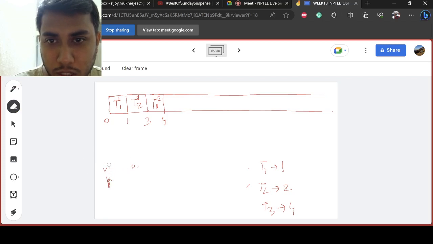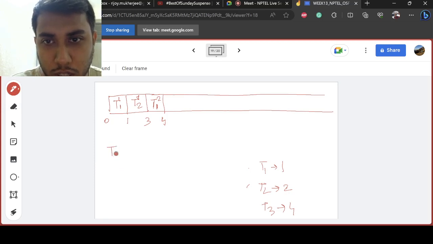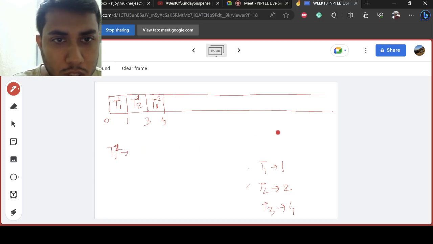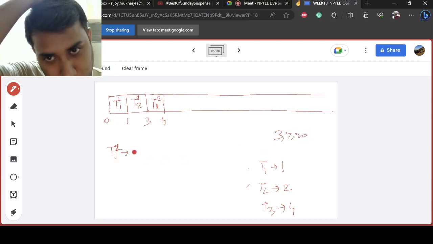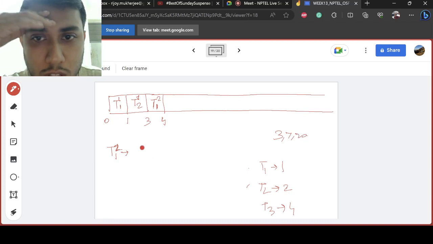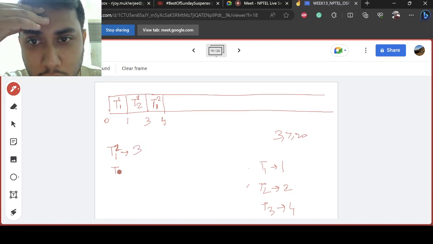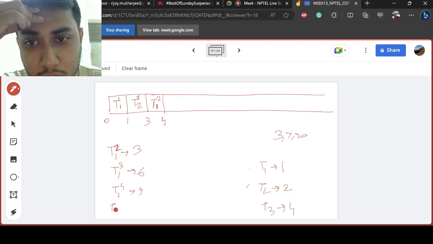This is a little bit confusing. T1 arrives every 3, T2 every 7 and T3 every 20. T1 3 will come at 6. T1 4 will come at 9. T1 5 will come at 12.